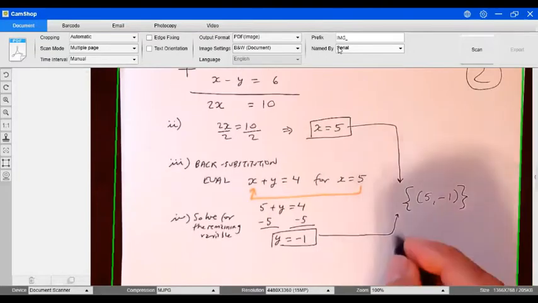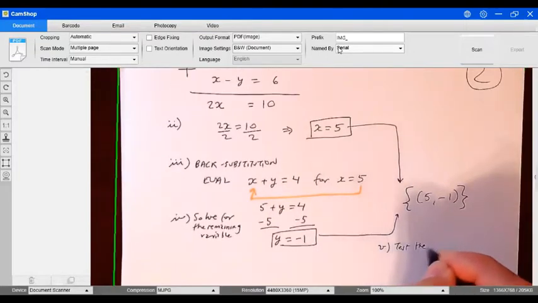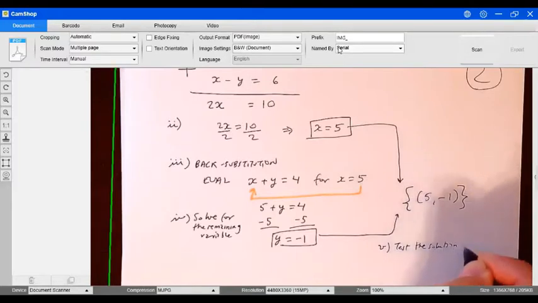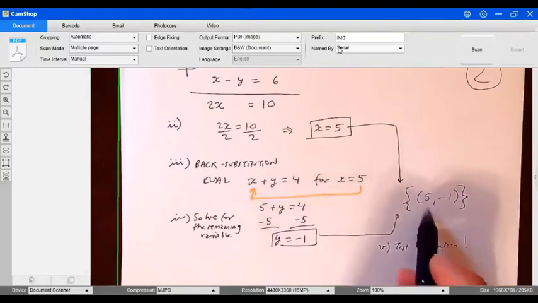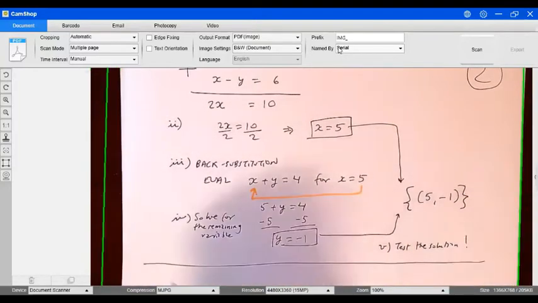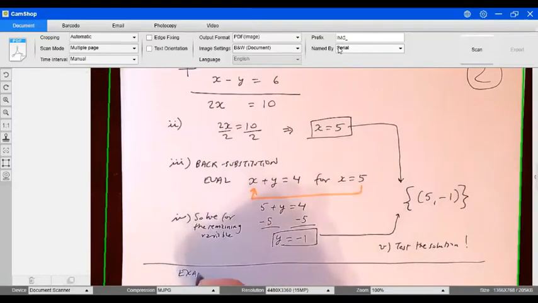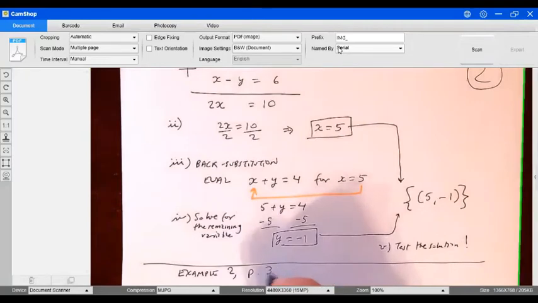And then you're going to test the solution. So you need to evaluate both equations for x equals 5 and y equals -1. So let's work now on example 2 on page 304.